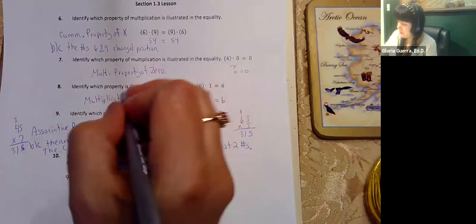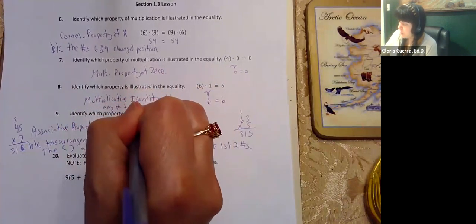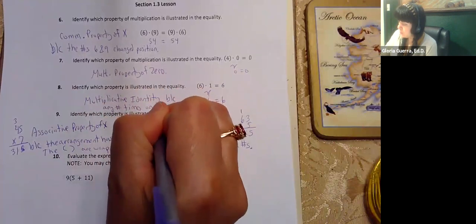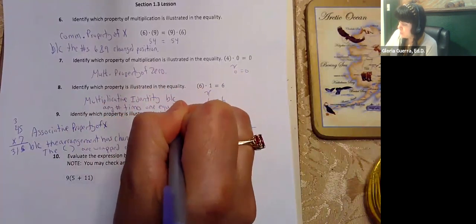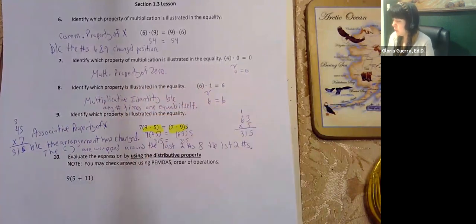And that's because any number times 1 equals itself. Yeah, so when you did 6 times 1, you got itself back, you got back to 6. Okay.